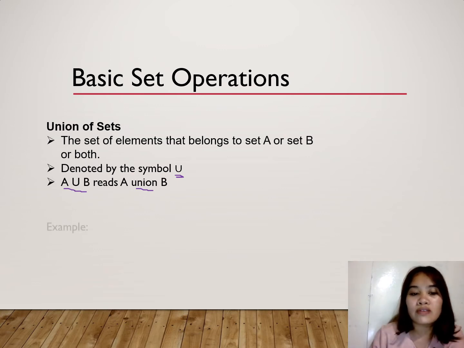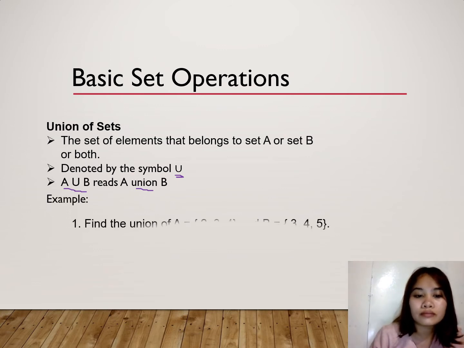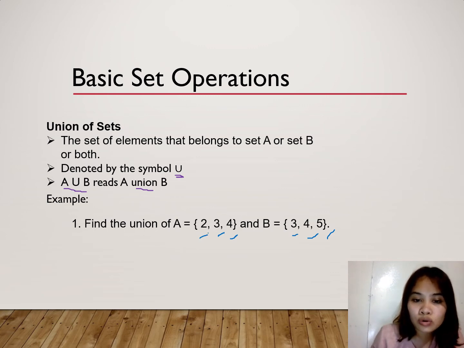So, first, we have this example. Find the union of A, which has elements 2, 3, and 4, and then B as 3, 4, and 5. How do we write it? We have 2, then we combine.